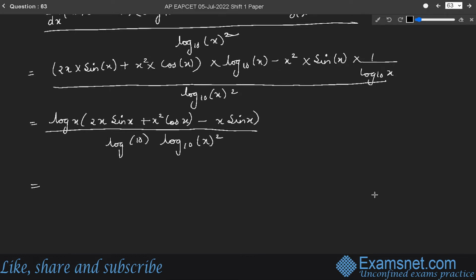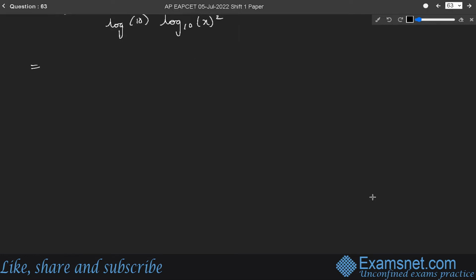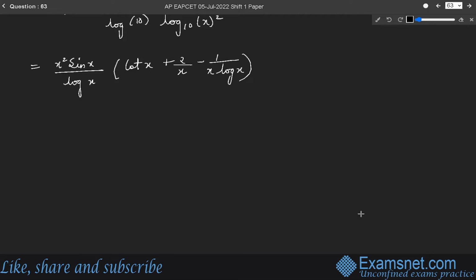On further solving this expression, it will be equal to x square sin x divided by log x into cot x plus 2 by x minus 1 upon x log x. And this is the RHS part.